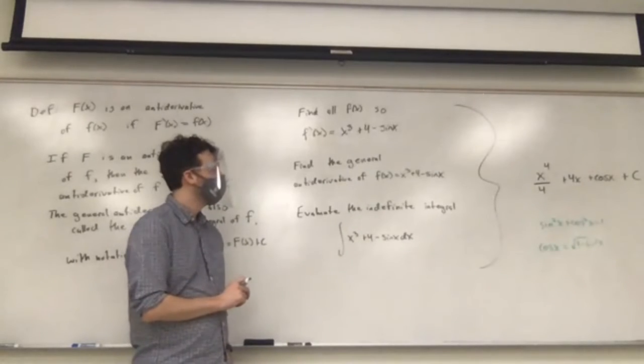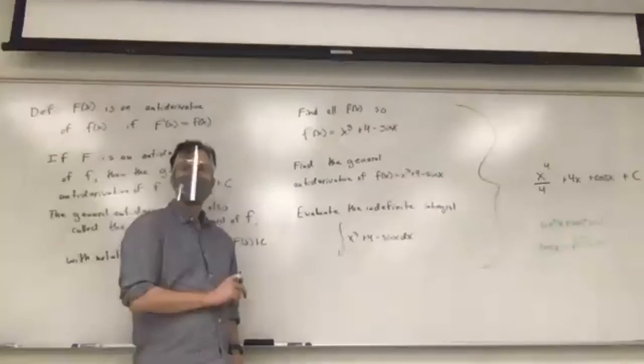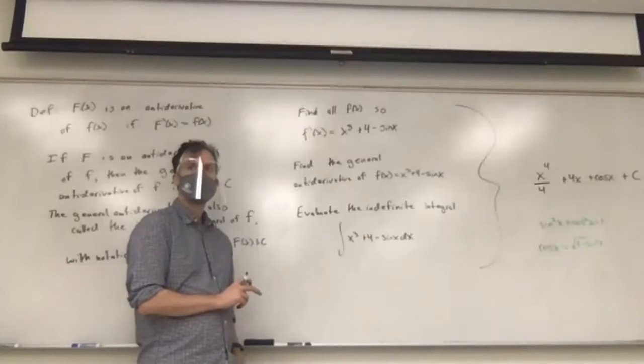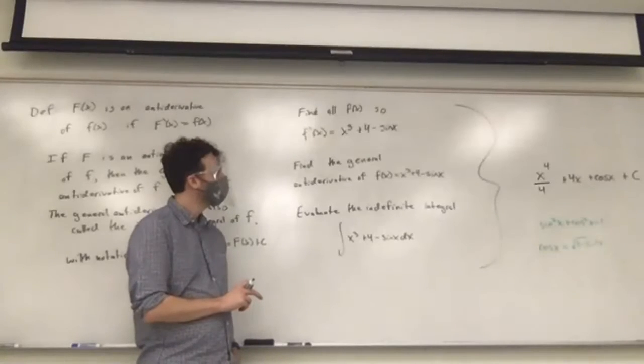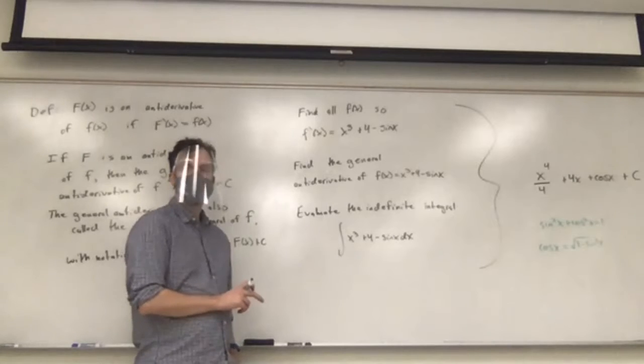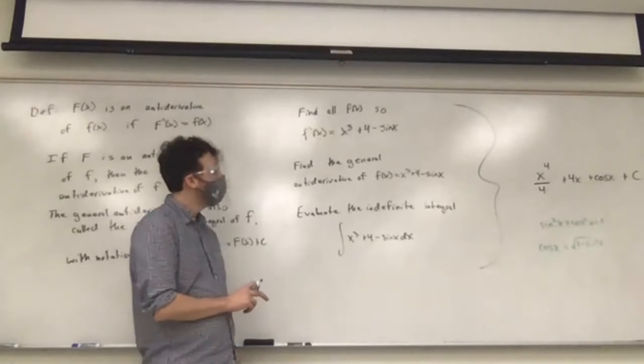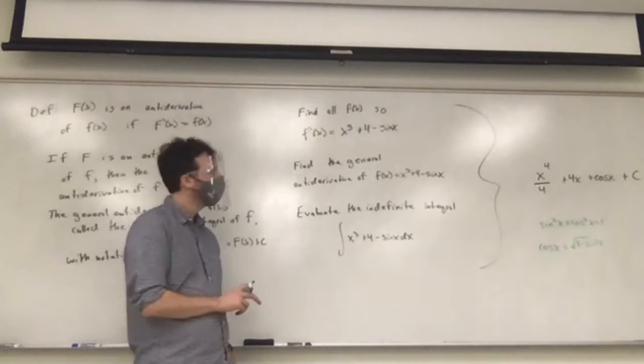Right. So what if somebody took the derivative of the square root of 1 minus sine squared x, and then that was f prime, and then they turned that into cosine?